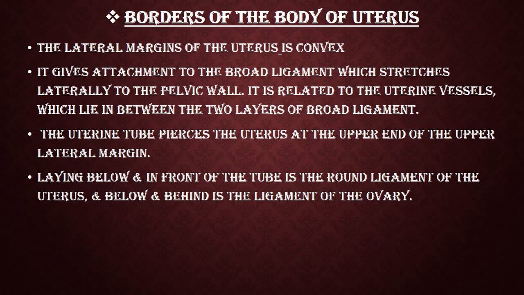It is related to the uterine vessels, which lie in between the two layers of the broad ligament. The uterine tube pierces the uterus at the upper end of each lateral margin. Lying below and in front of the tube is the round ligament of the uterus, and below and behind is the ligament of the ovary.